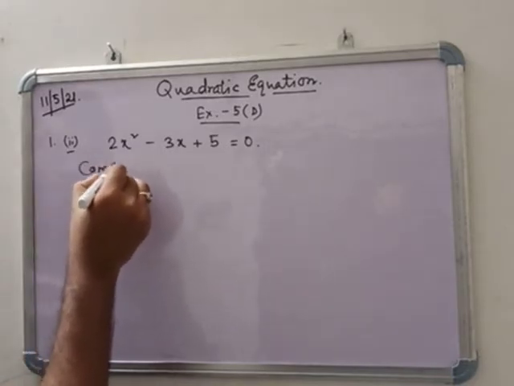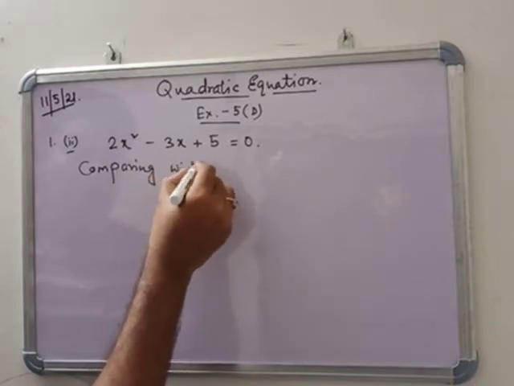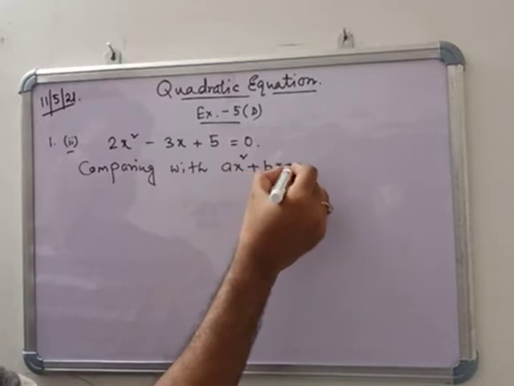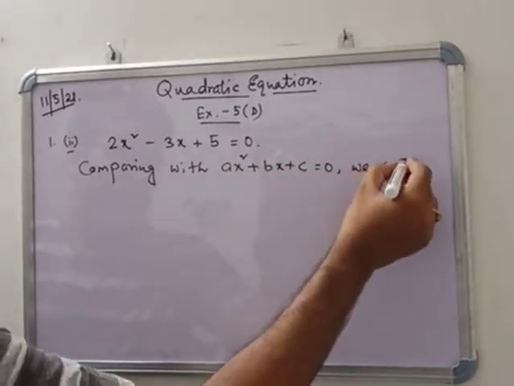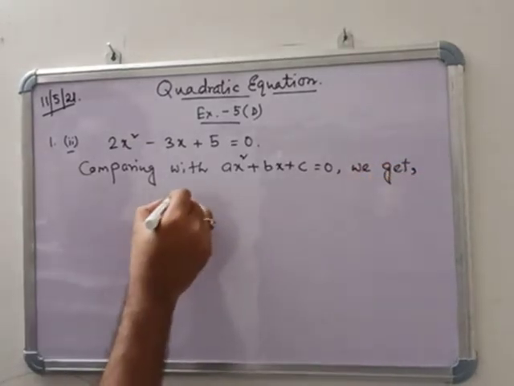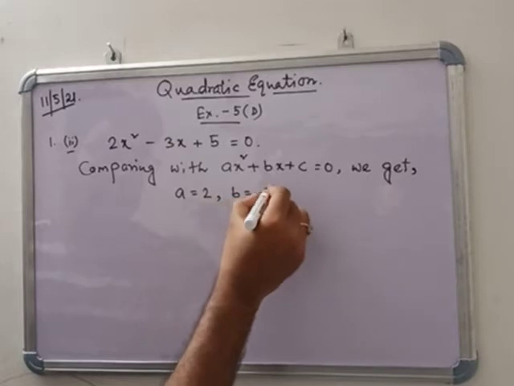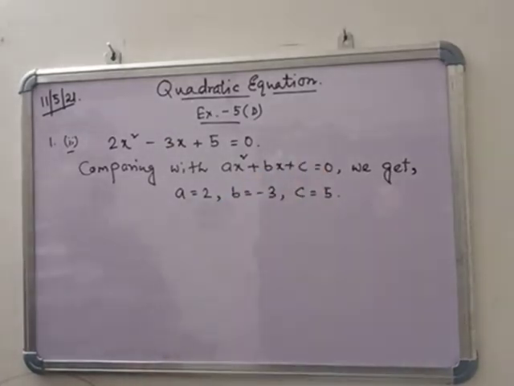Comparing with ax square plus bx plus c equals 0, we get a equals 2, b equals minus 3, c equals 5.